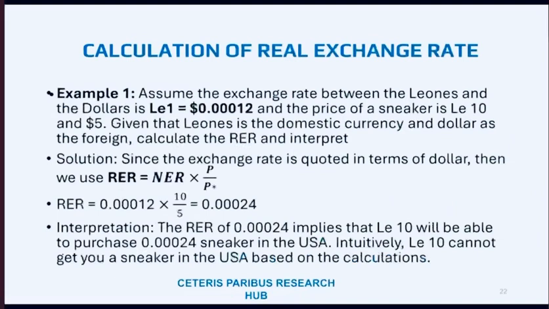So let's see another example as well. Now assume the exchange rate between the leones and the dollars is 1 dollar equivalent to 24 leones, and the price of a sneaker is 10 leones and $5. So now we'll flip the table. Assume the leone is now the foreign price, and of course the dollar is domestic.